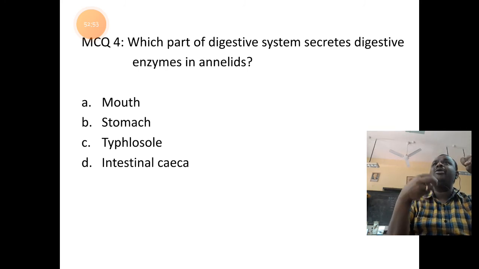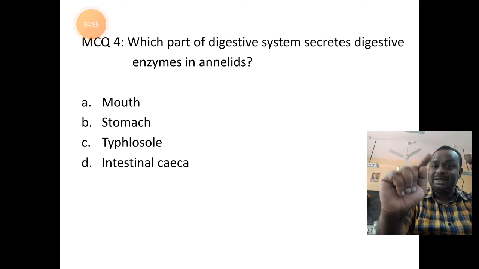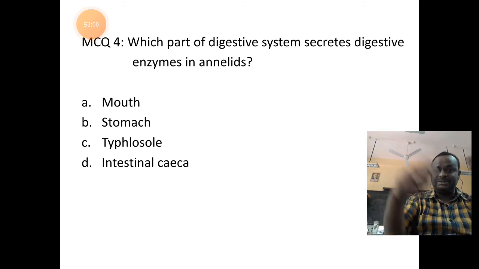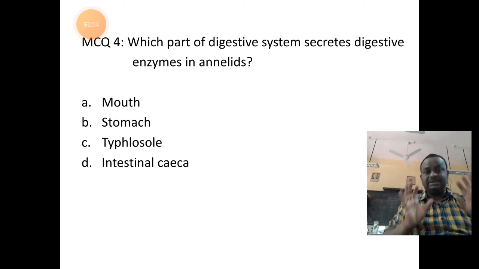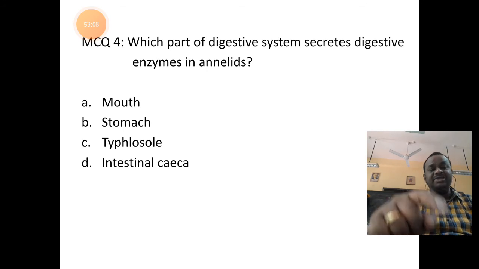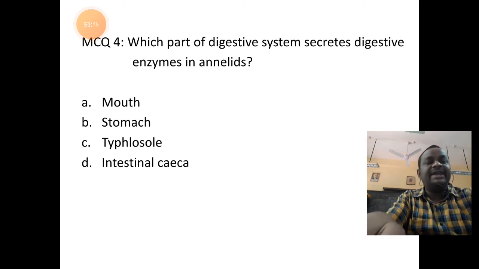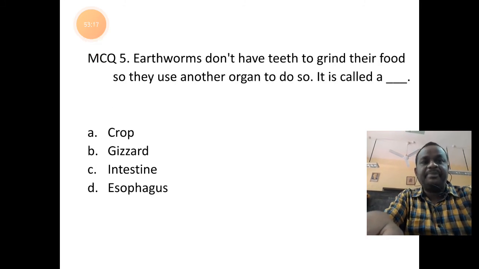Very less quantity of proteolytic enzymes are secreted, but when you look at the intestinal caecum present in the 26th segment as forward wing-like extensions of intestine, it is responsible for synthesis of amylase enzymes which help in carbohydrate metabolism. So, of all the 4, the answer should be D, intestinal caecum.